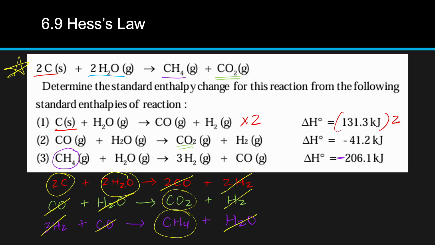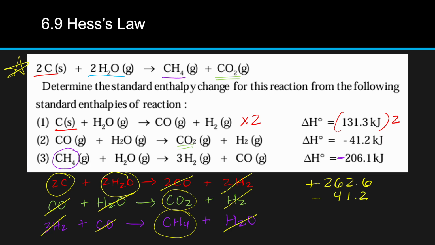So now that I've double checked that those are correct, I'm going to go ahead and add up all of my enthalpy values with the change. So my first one is going to be 131.3 times 2. So that's going to give me positive 262.6. I did not change my second equation, so that's still negative 41.2.